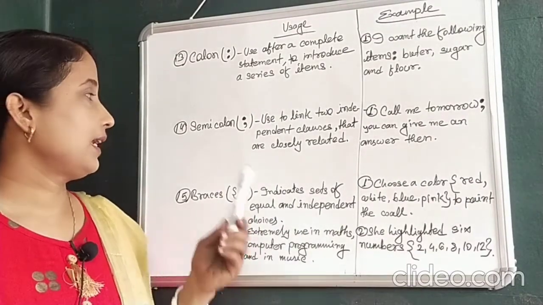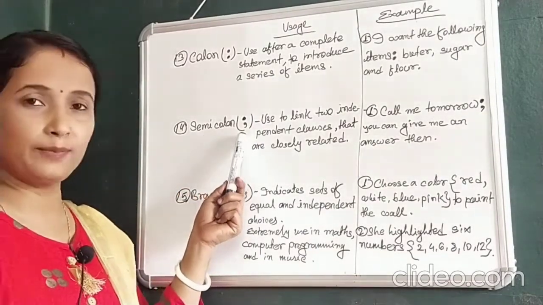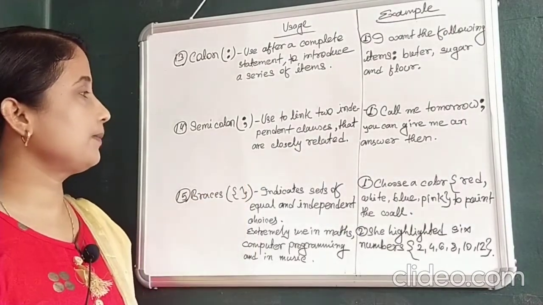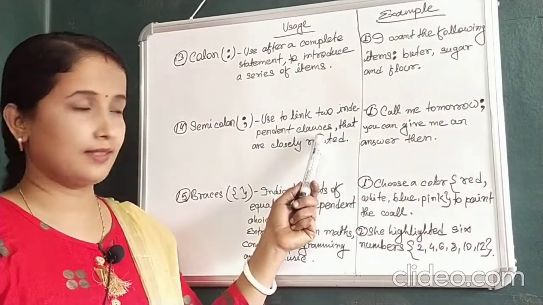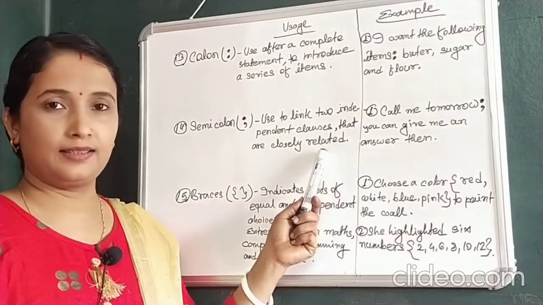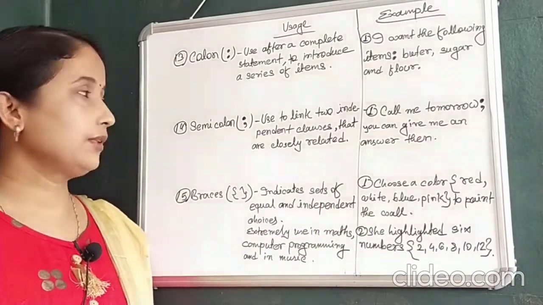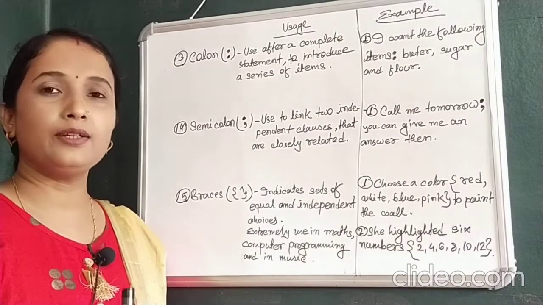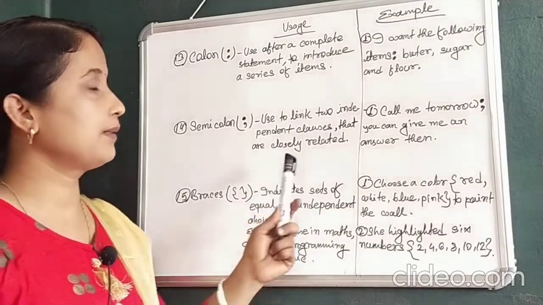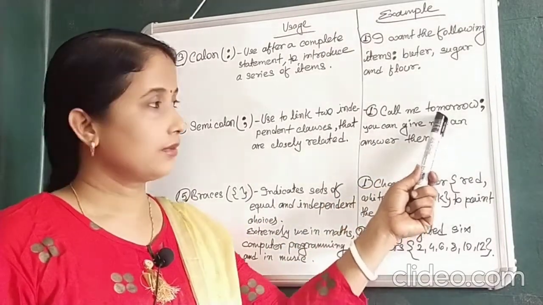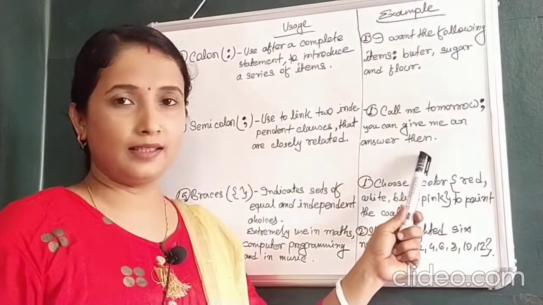Next punctuation mark is the semicolon, and this is the symbol of the semicolon. We use a semicolon to link two independent clauses that are closely related. Let's say an example: call me tomorrow; you can give me an answer then.